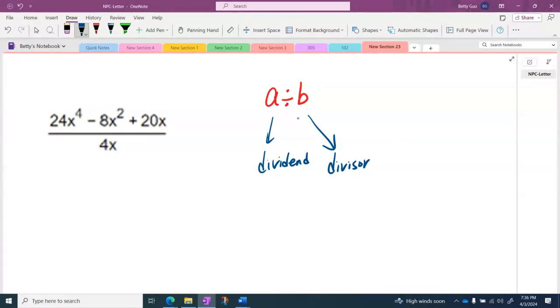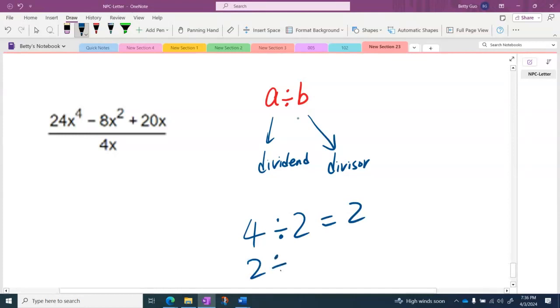The reason we have to differentiate them is because division does not satisfy the commutative property. For example, if we divide 4 by 2, we have 2. But if we switch the order and divide 2 by 4, we have 0.5. The result is different.